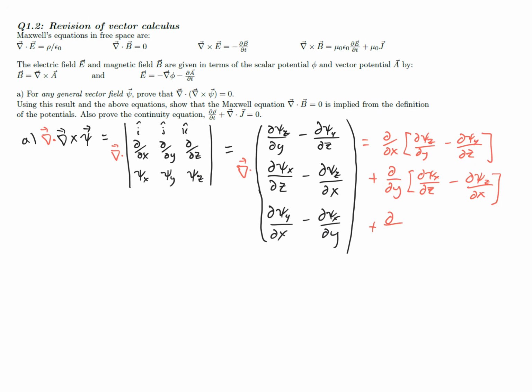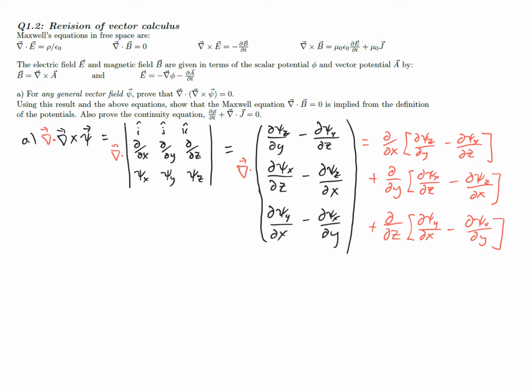And the final one is d by dz of d psi y by dx minus d psi x by dy. Okay, so that looks a bit of a mess, but a lot of it cancels.